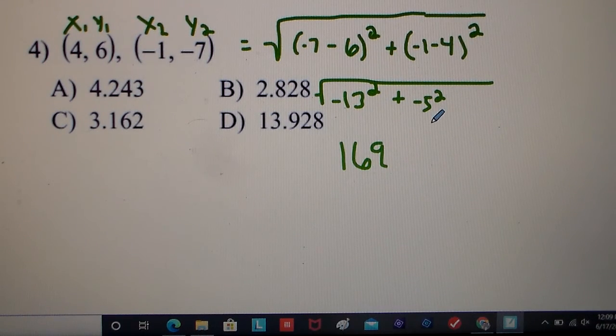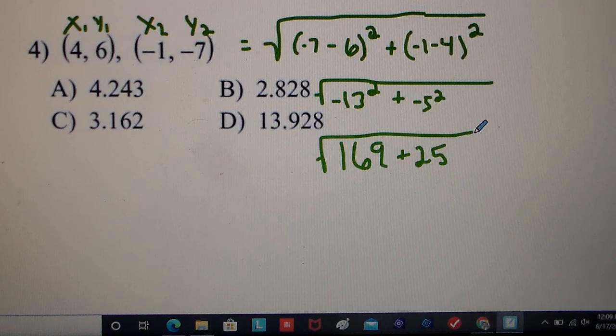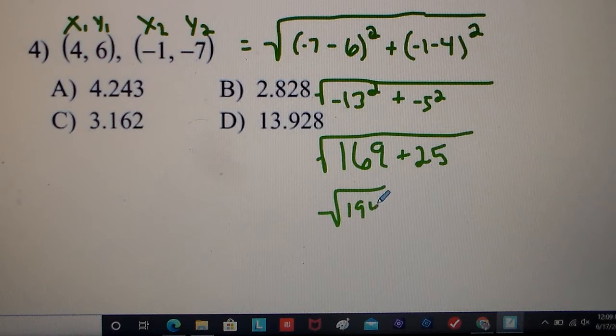And then -5 squared is 25. 169 plus 25 gets you 194. And the square root of 194 is 13.92. So number 4 is D, 13.92.